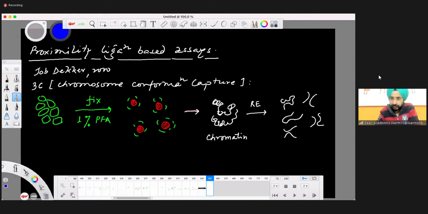Since this is cross-linked, you will capture these protein DNA complexes, and then after restriction digestion, you will get these fragments out from it. So restriction digestion is done.